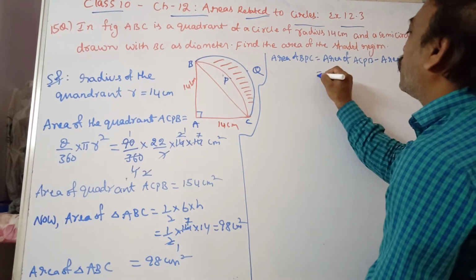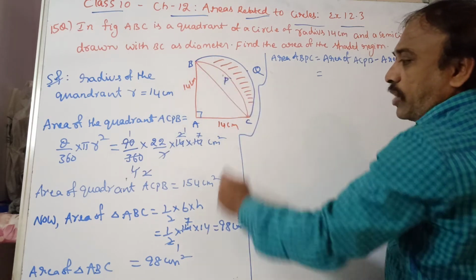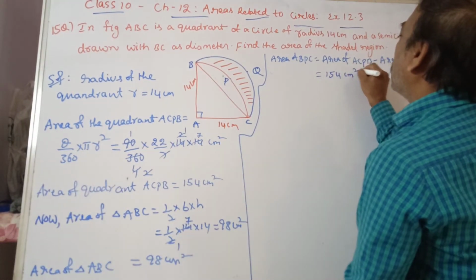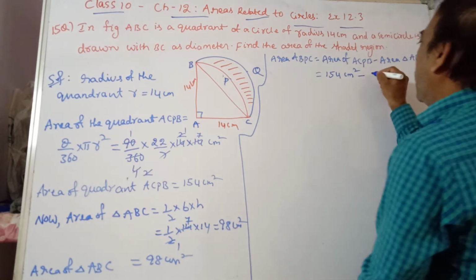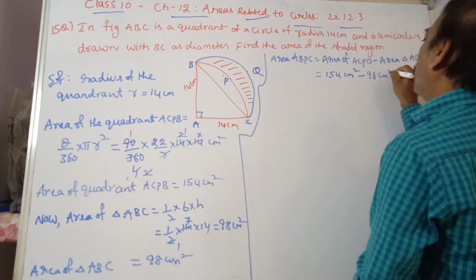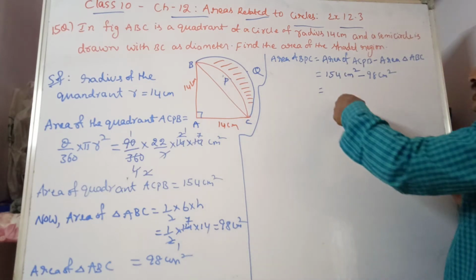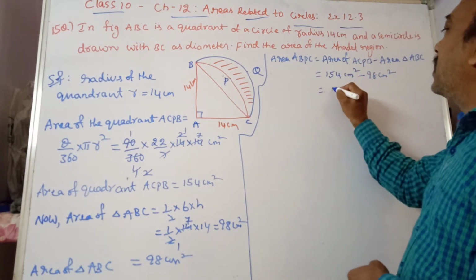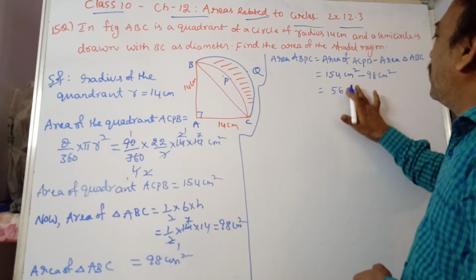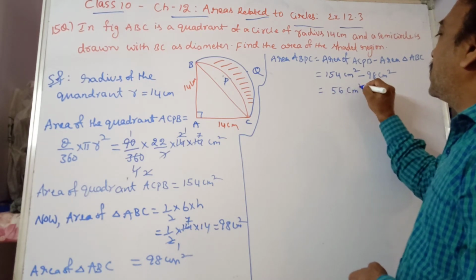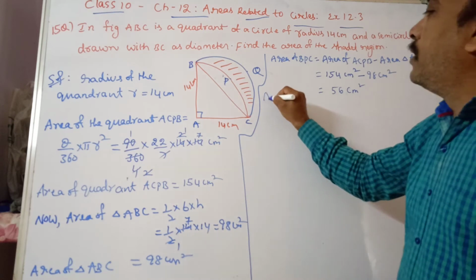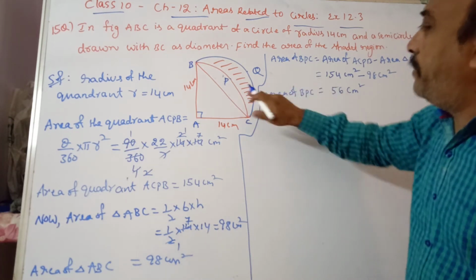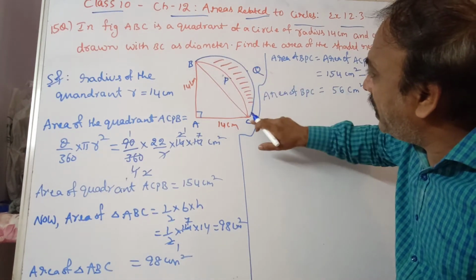We know the area of the quadrant we got, 154 centimeter square minus 98 centimeter square, which will give you by subtraction 14 minus 8 is 6 and 14 minus 9 is 5, so 56 centimeter square. This is the area of BPC, this portion BPC.